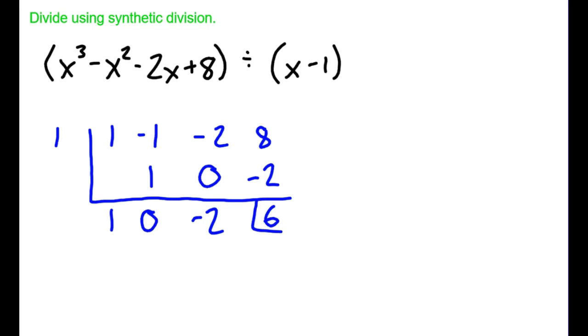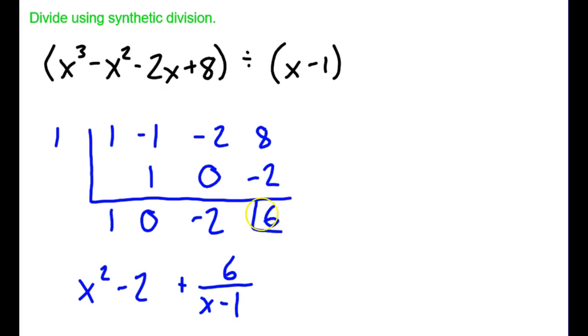Okay, so now we have to figure out how to write this. If we started with an x cubed and we're dividing by an x, that means this is going to be an x squared. So we have a 1x squared. We have no x term. We have minus 2. And then plus 6 over our divisor, which was x minus 1.